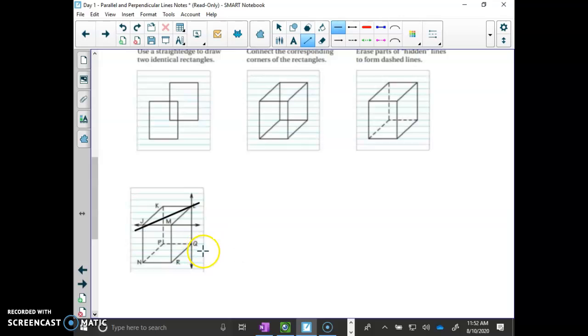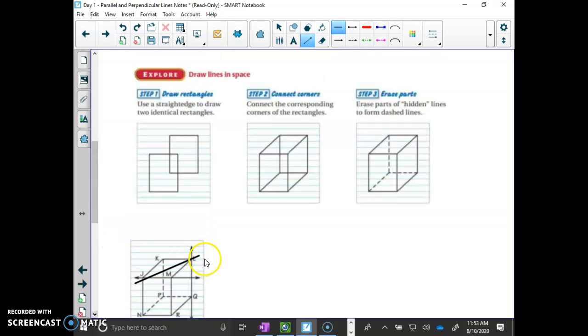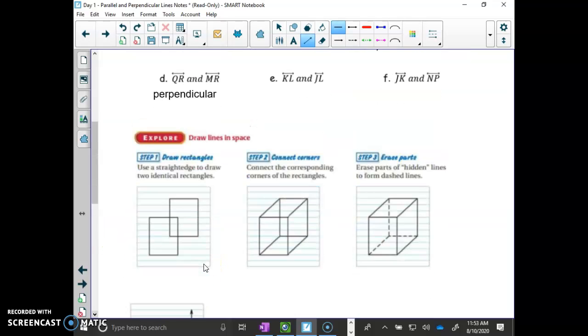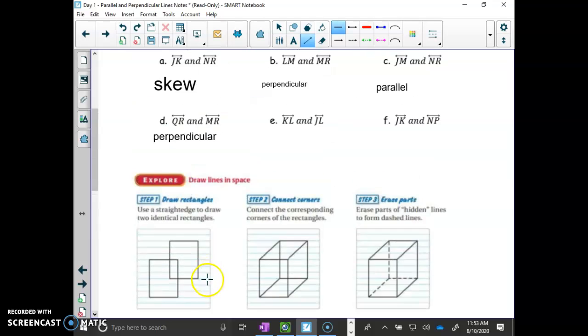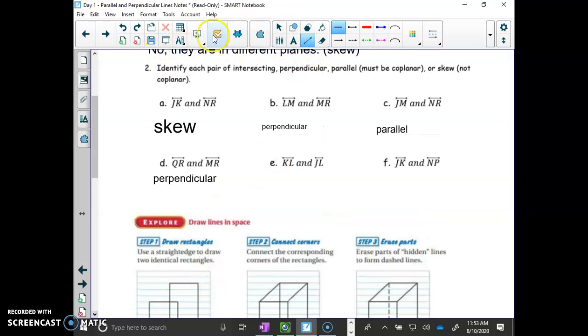Okay, so anyway, this is a line, JL and KL. Do they ever intersect? Yes, they do. Now they would be on different planes until they get to that point. But we are going to call them intersecting lines. All right.